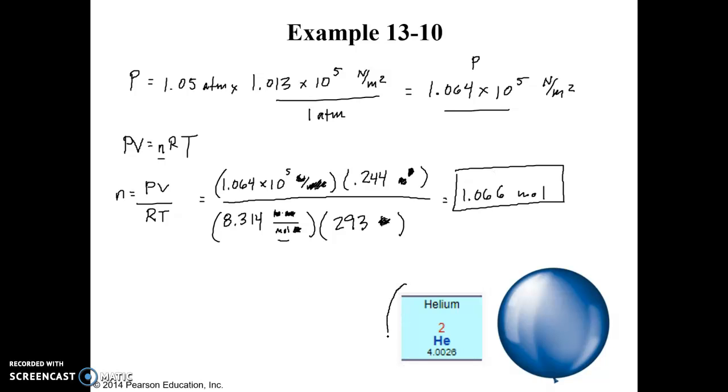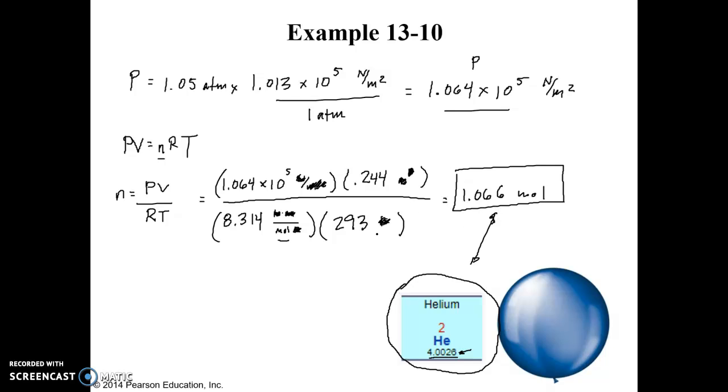Now, the reason I've included this, I've cut and pasted from the periodic table helium's entry that has its atomic weight here. So the way that moles relate to atomic mass is this is how much in grams 1 mole of helium will weigh.